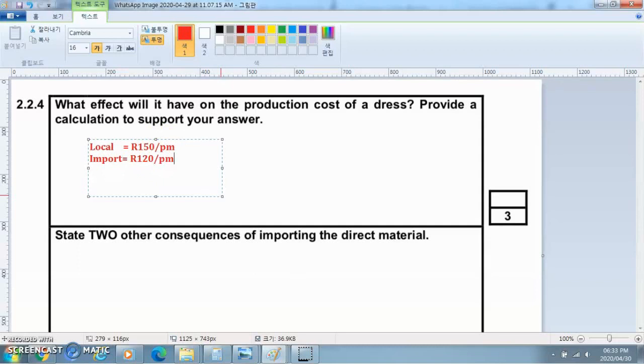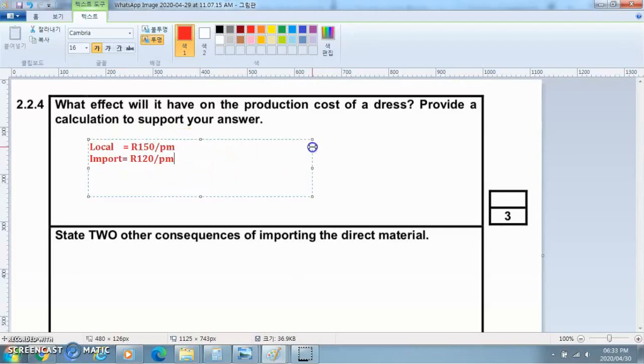So the next step now is to figure out, if I decide to make one dress with the local cost, as well as making one dress with the cost of import, how much am I saving, or how much am I losing in this method?